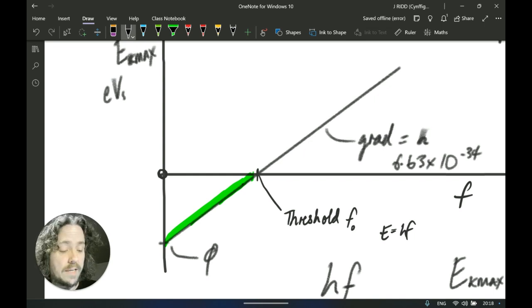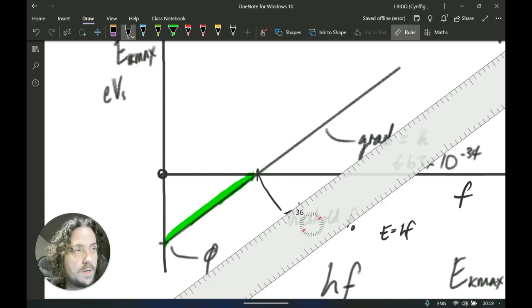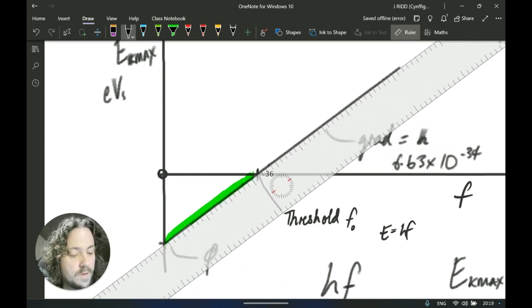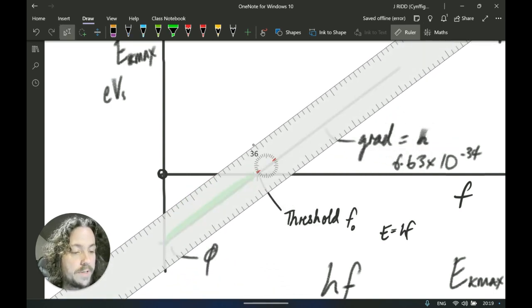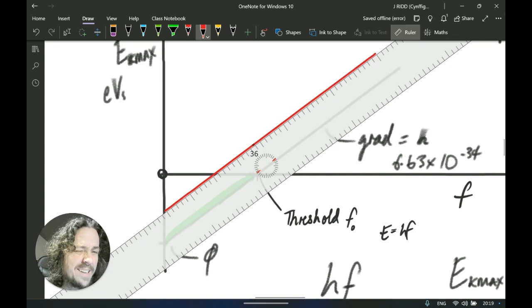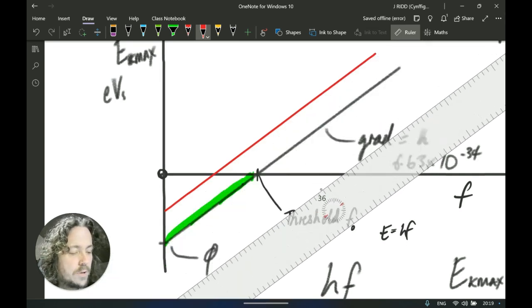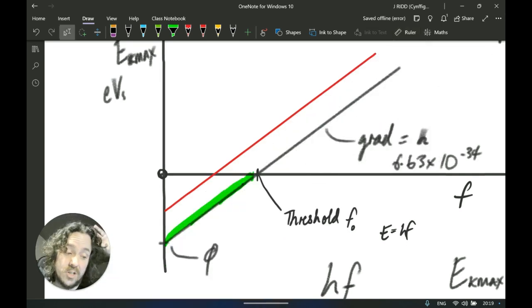What do other metals look like? So we've mentioned zinc. You might have another metal which has a lower work function. It requires less energy to be liberated. I can't think of one off the top of my head, sorry, but let's imagine another metal, let's say magnesium, though it might not be.